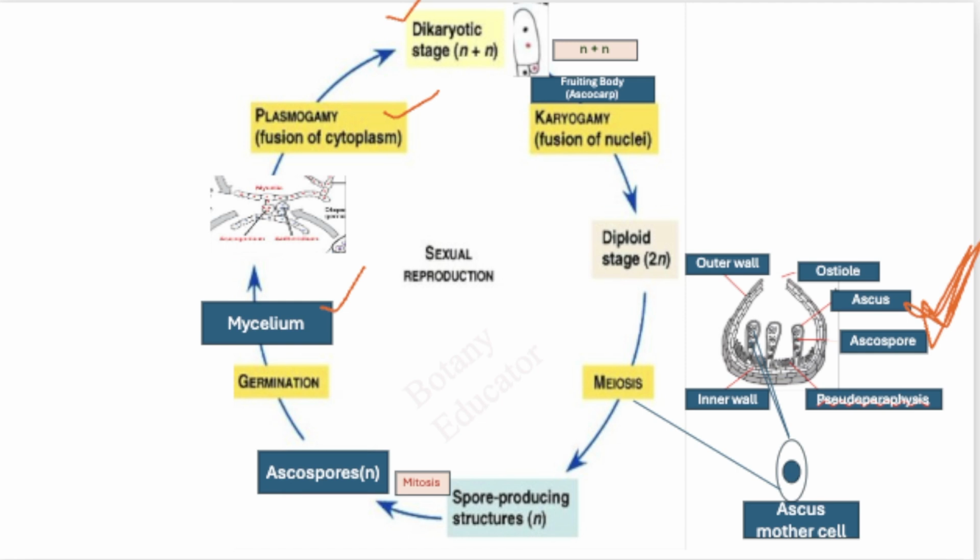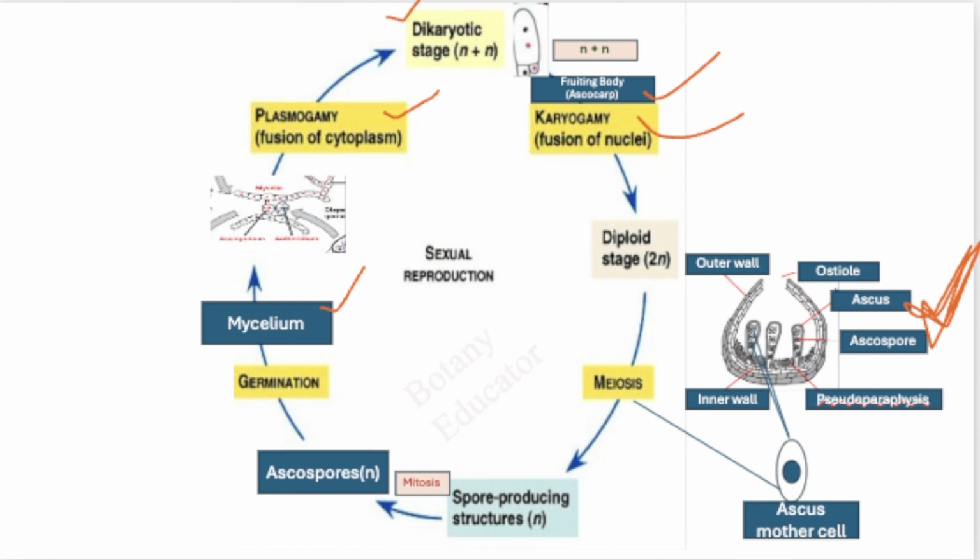After the dikaryotic phase, a structure is formed known as ascocarp, and after the ascocarp formation the nuclei will fuse, and after the fusion of the nuclei a structure is formed known as diploid stage. So after the diploid stage you will find a fruiting body formed known as ascocarp.